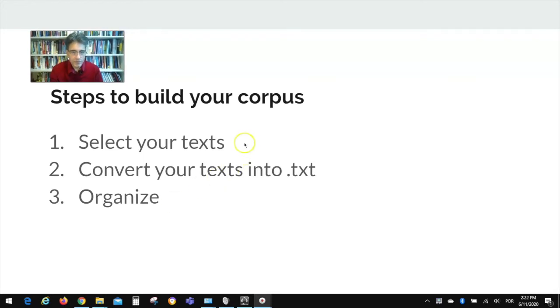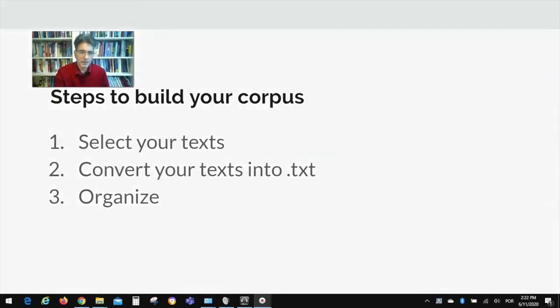So first, with respect to selecting your text, there is no consensus about how big a corpus should be. Some would argue that the bigger the better: the more text, the more data, and therefore the more patterns you can see. But another argument can be made that the more specific your discipline, the more specific the lexical field that you're investigating, the less actual information you need.